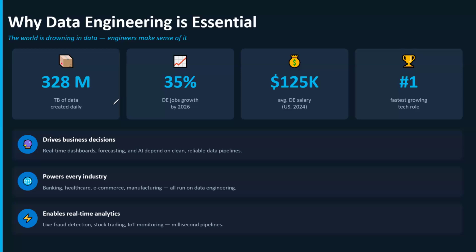So there was not much data, everything was manual, no issues. But when the concept of software was introduced, digitalization slowly started, right? If you go to a bank, what happens? The bank gets the data.